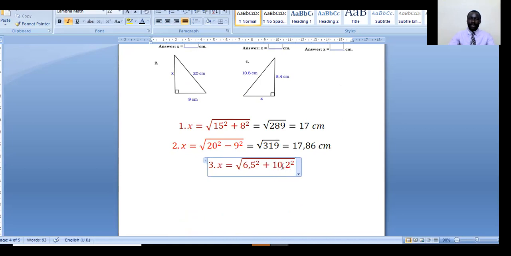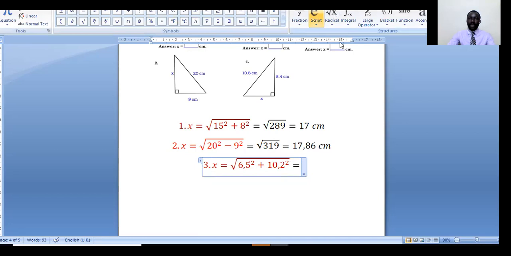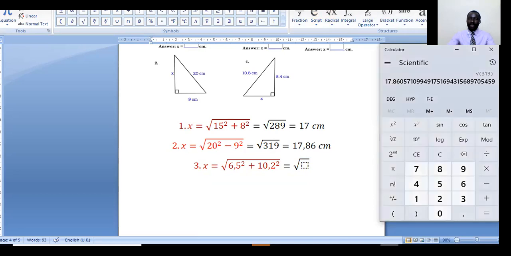All right. Now from here, we can go ahead to find the value of what is inside the square root sign. How do we do that? Well, this is going to give us the square root of the square of 6.5. So with our calculator, we get 6.5 squared.